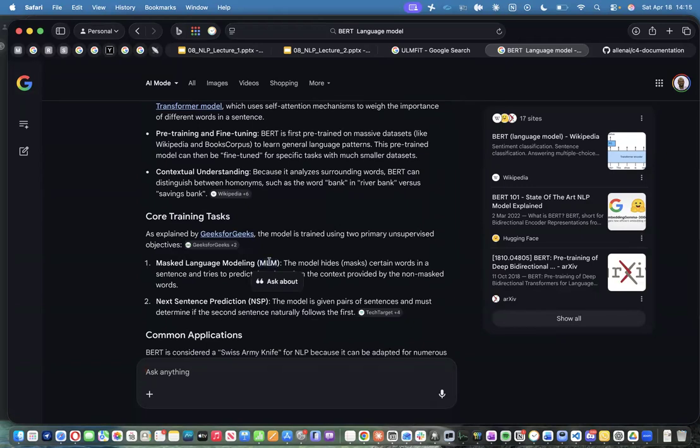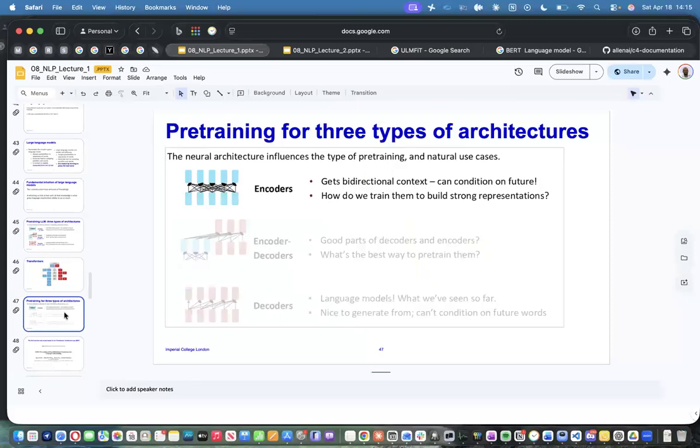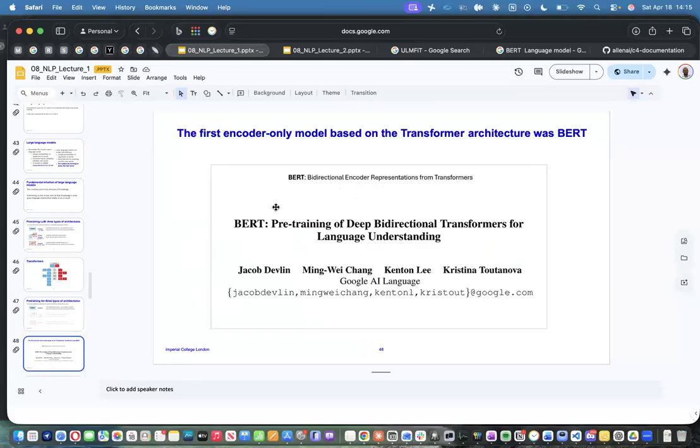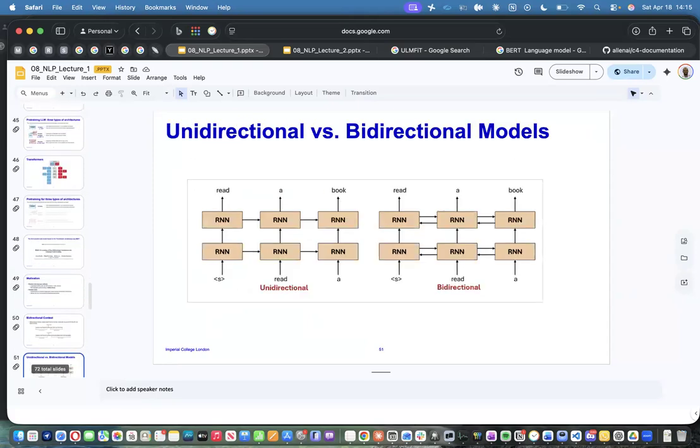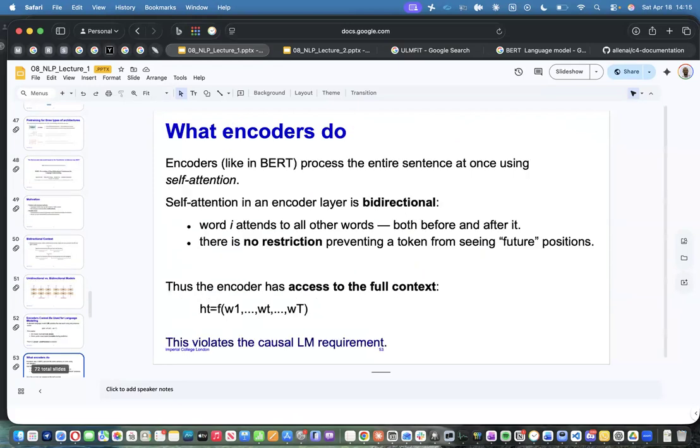Do you remember we use the masked language model? BERT uses the masked language model. Remember what we talked about, encoders. Encoder models use the masked language model, such as BERT. Remember we said the classical language model can only see the front, not the back, and we don't want that.